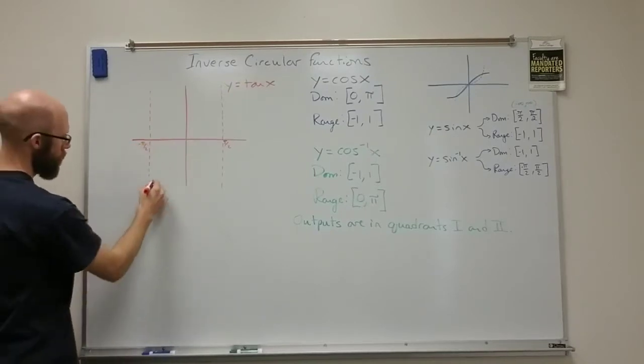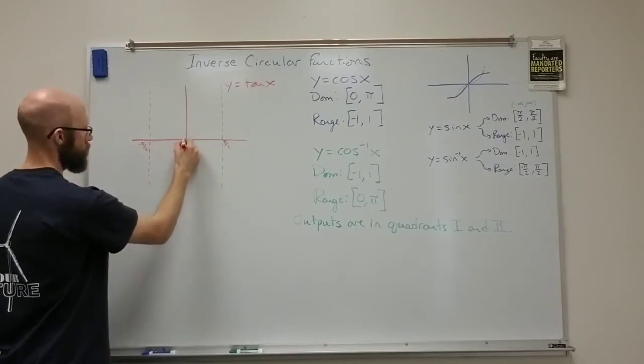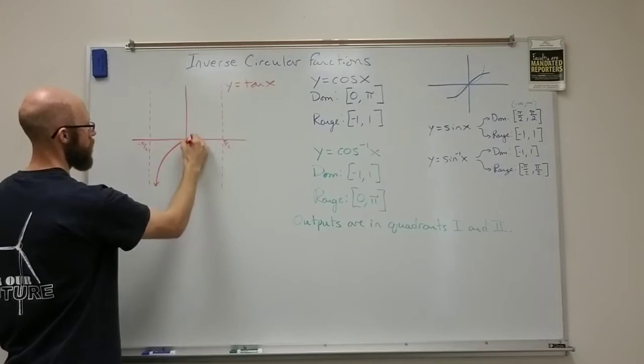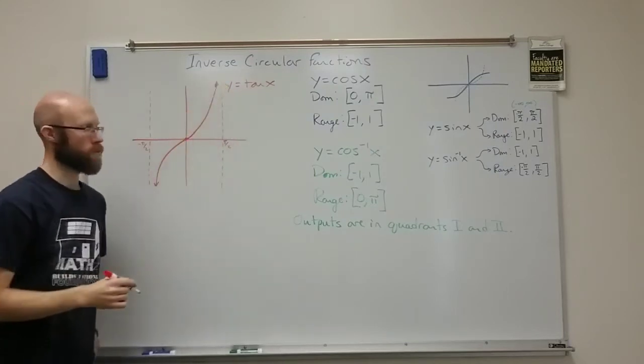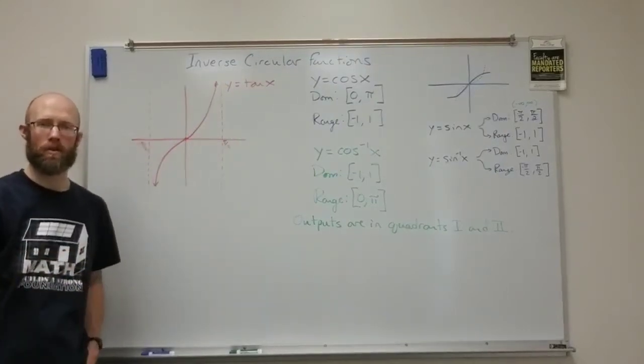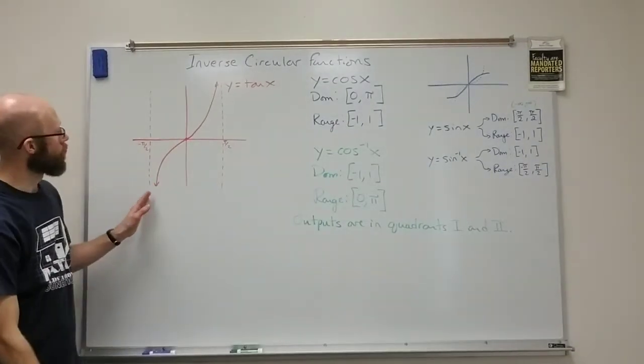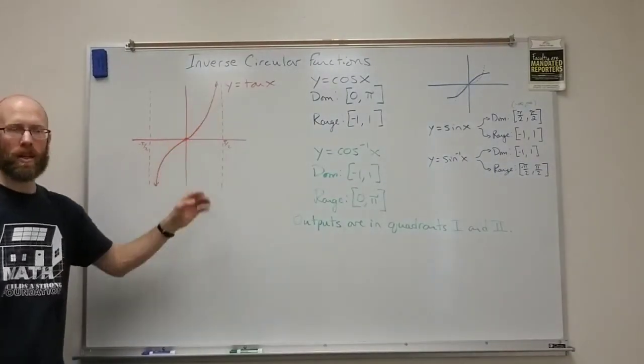And the graph does have an intercept at the origin, goes down to the left and up to the right. So this is something familiar we've seen in previous videos. So this is the graph of the tangent roughly.